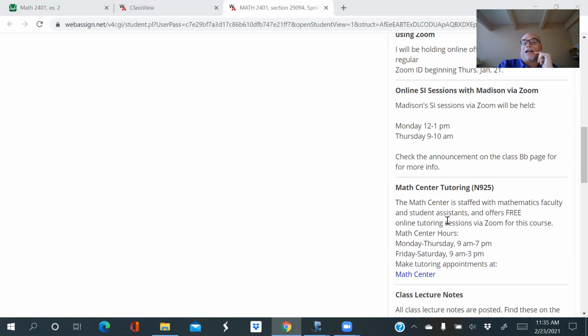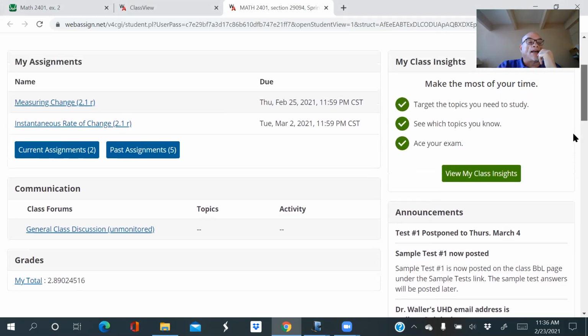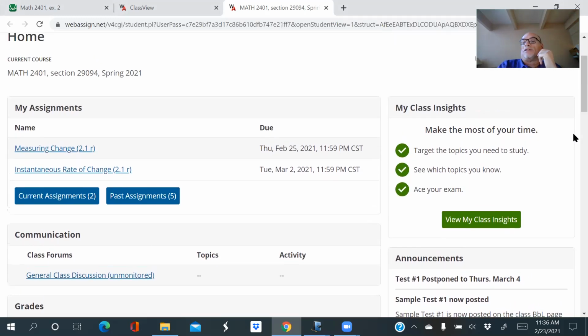If you look at the announcements on the right-hand side of the WebAssign page, there's the link to the Math Center where you can make appointments for online tutoring. And so you can ask questions there as well. And those tutors, the ones that can tutor for calculus, they'll be easily able to answer questions, I think, about the homework. So don't forget about those options if we don't get a lot of time for going over homework problems in class as we're trying to catch up.